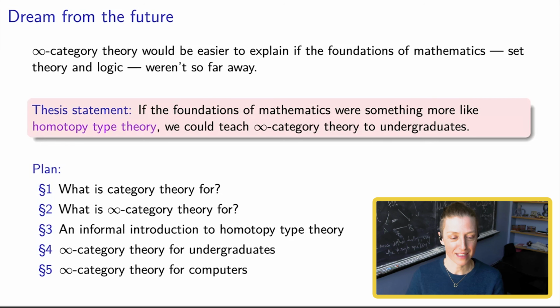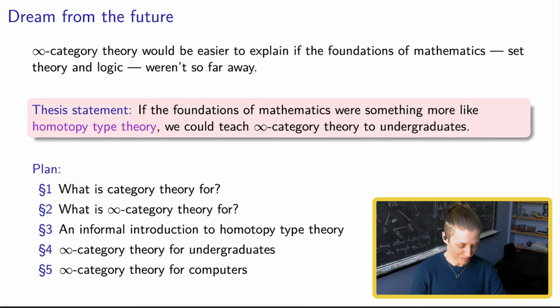And with this new foundation that has more of the higher structure built into the basic objects, it's actually possible not just to teach infinity category theory to undergraduates, but to teach it to a computer. To, in other words, produce a formally verified version of theorems in infinity category theory.